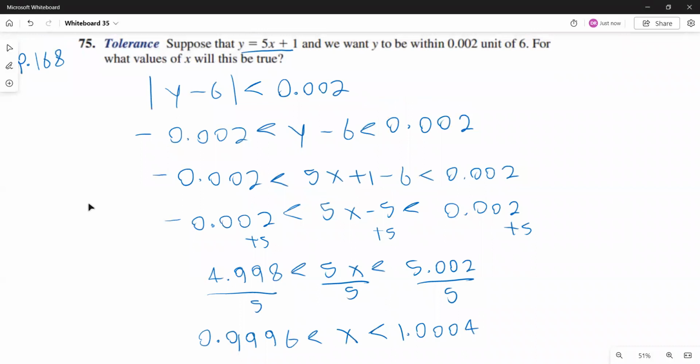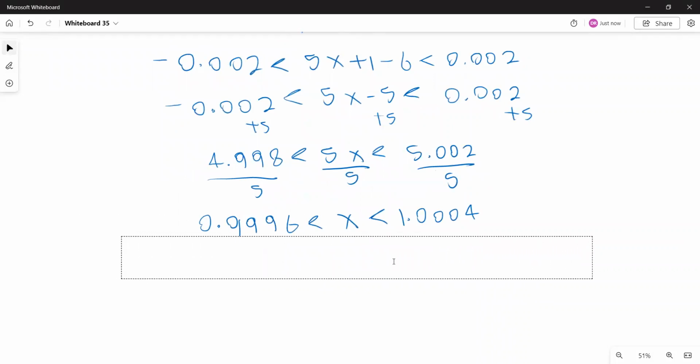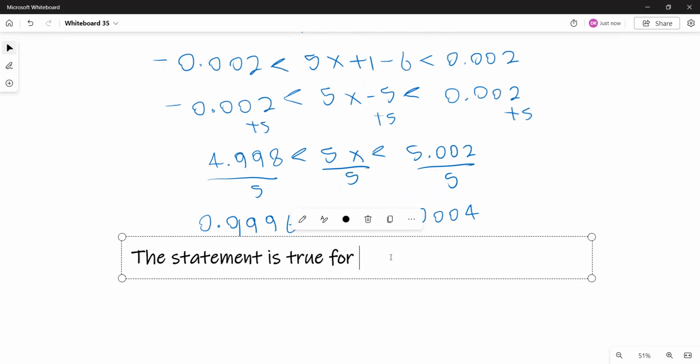So they are asking us for what values of x will this be true. The statement is true for x in the interval (0.9996, 1.0004).